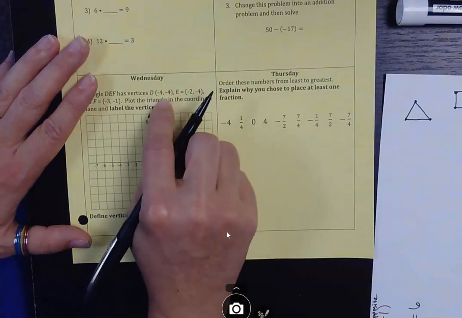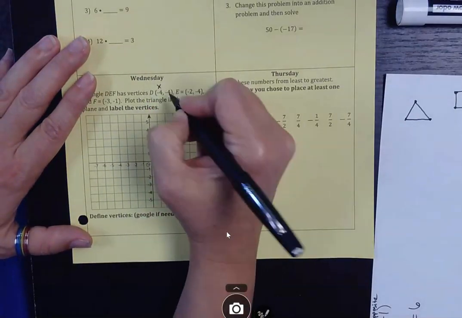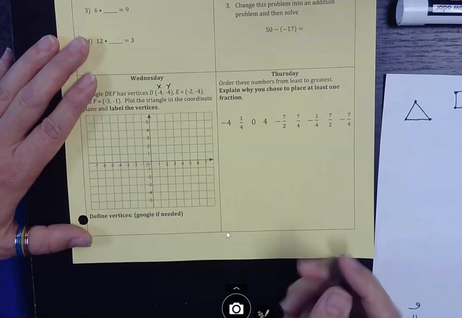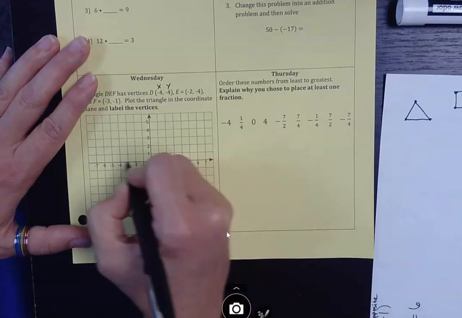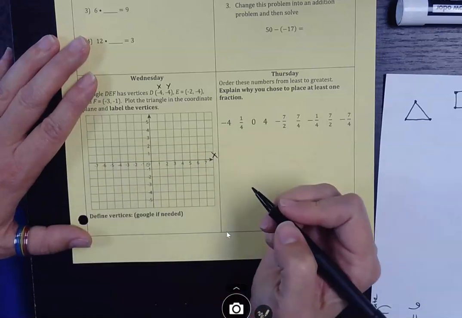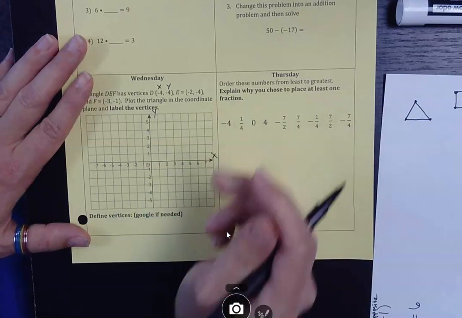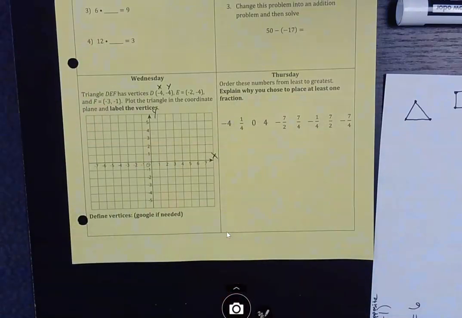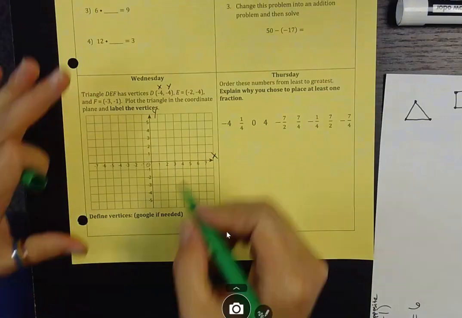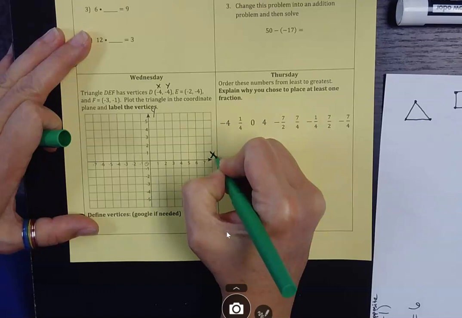So to graph this, I need to remember that the first is an X, and then we have a Y. Your X-axis is always the one that goes this way, so I'm going to label it X, and then Y up here. I'm going to use a different color maybe so it'll pop out a little bit more for you. So this is x, and then we've got our y.